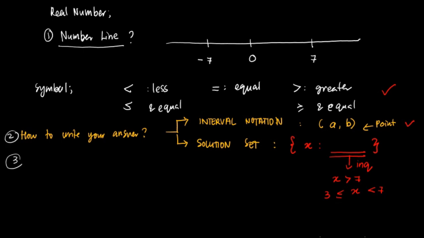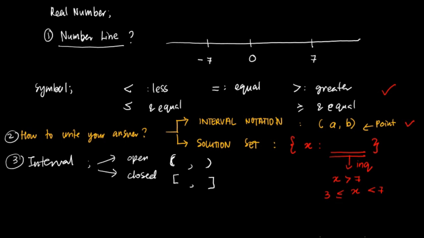Number 3 is the interval. An interval can be divided into two categories: either open or closed. If open, it will be a round bracket, either one or both. For closed, it will be a square bracket.